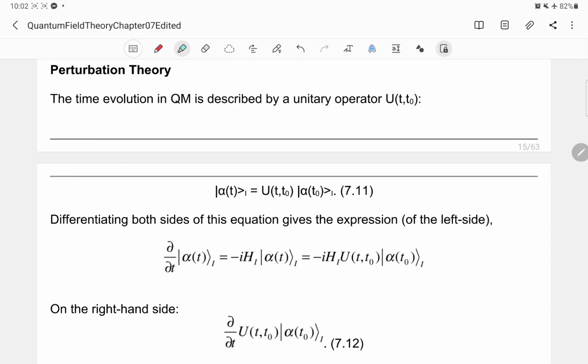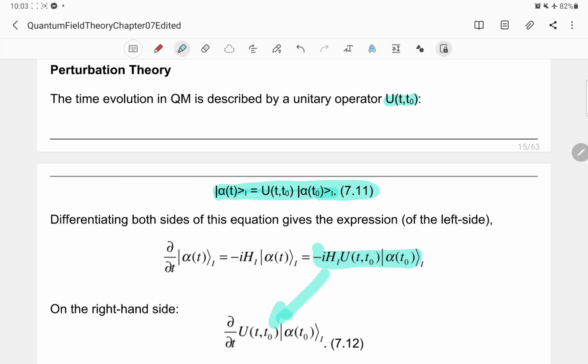So in quantum mechanics, the time evolution is described by the unitary operator U(t, t0), and so it's written according to this expression. And if you differentiate both sides with respect to time, you will get this. But this one is just a derivative with respect to time of U(t, t0).